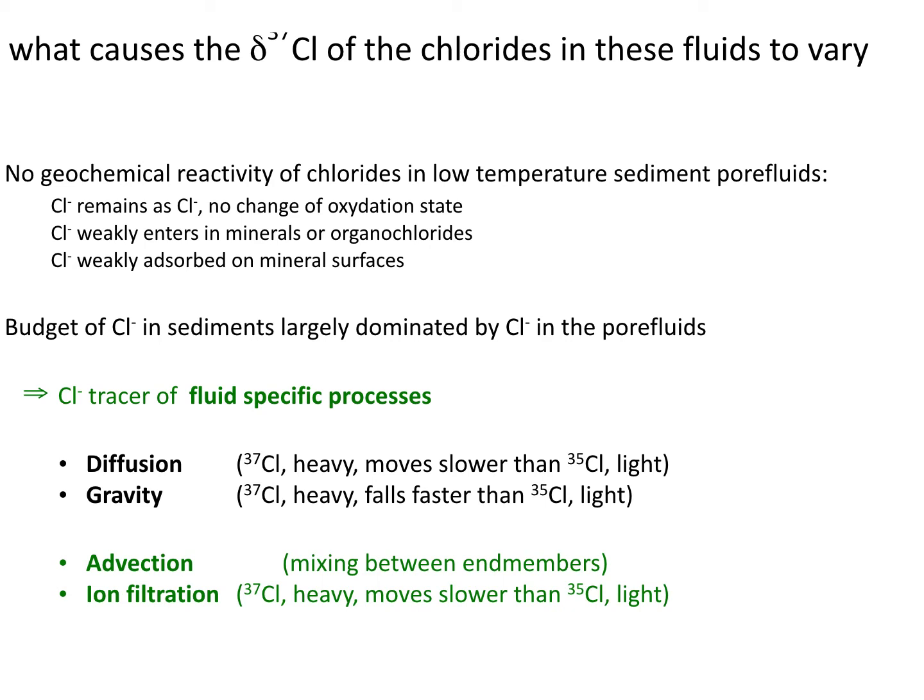Advection of external fluid into sediment: by mixing, the delta 37 chlorine will change if the advected fluid has a different delta 37 chlorine than seawater. Ionic filtration: when a fluid is transported through membranes, the passage of chlorides is controlled by the mobility of the chlorides.